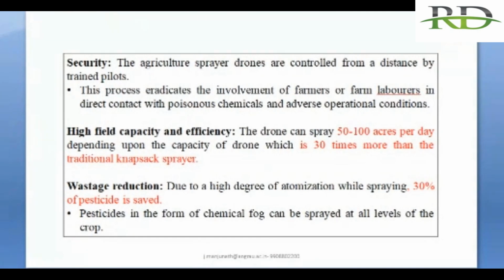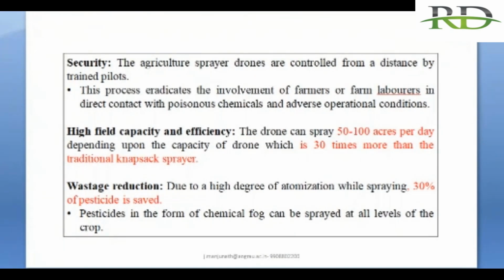It is also very important to save labor. Where a person spraying in the field can move into the fields, the drone can easily go, especially into a plant canopy more than 2 meters high.